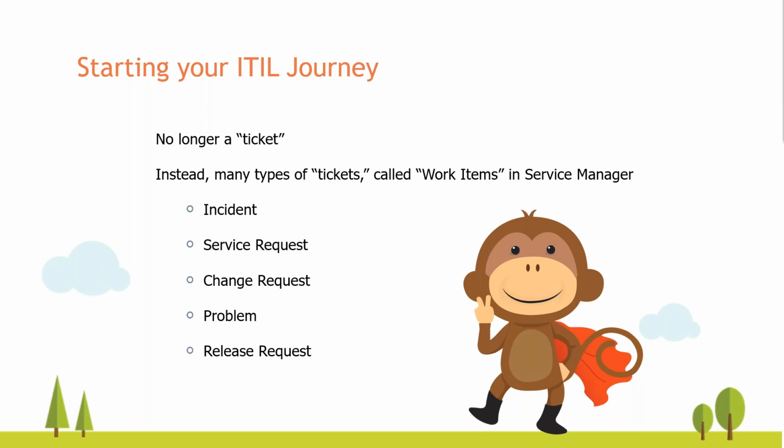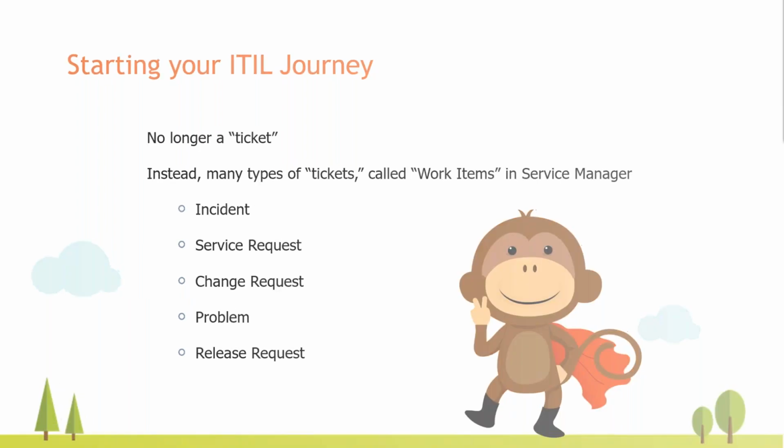So when we talk about incident management, we're really talking about break fix. If we talk about work items, we're talking about the actual ticket that someone has logged or raised.